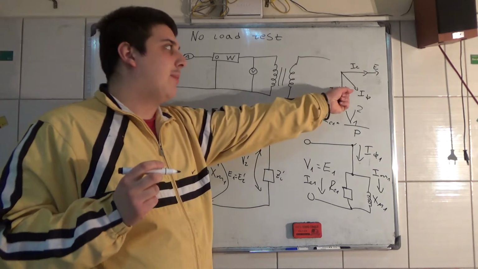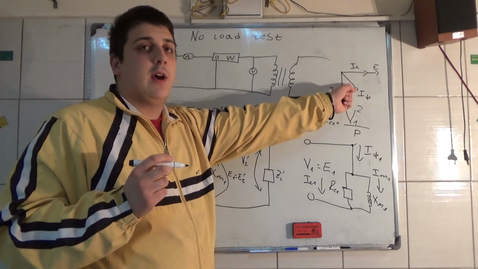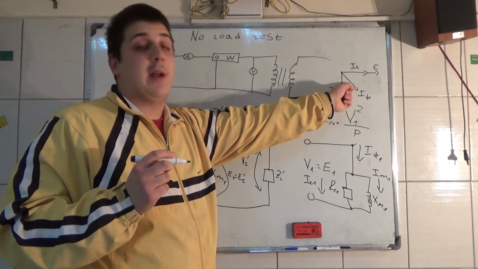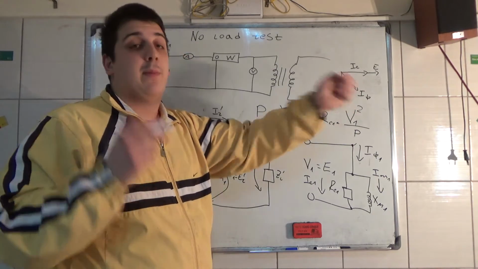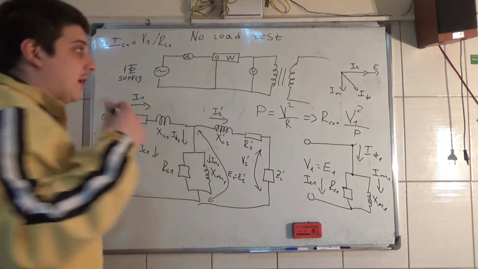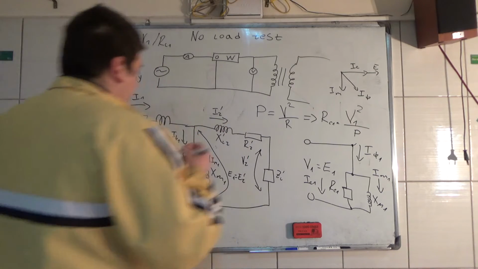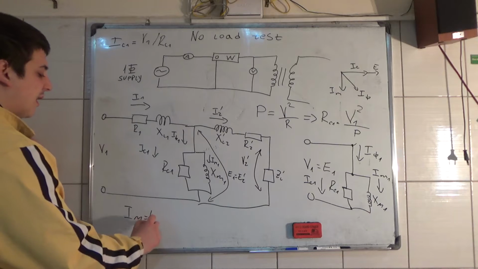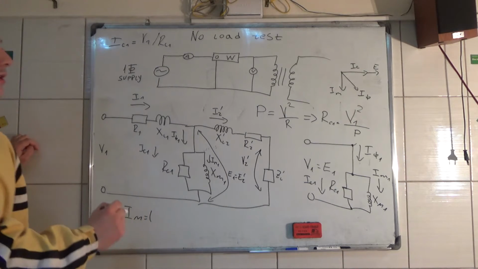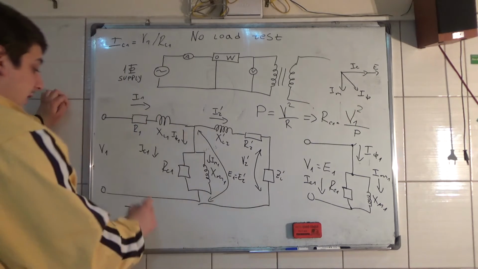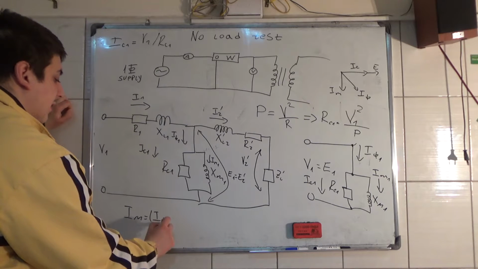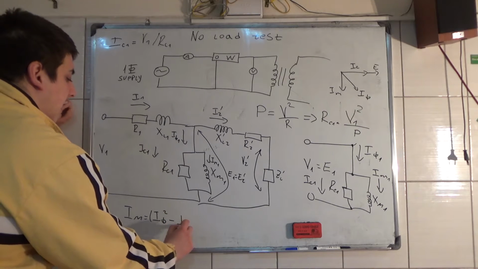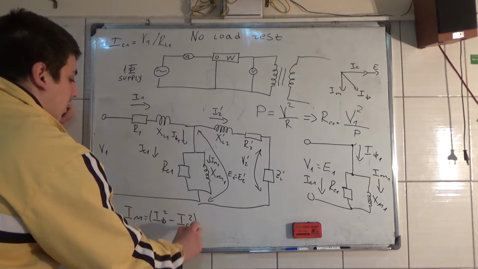Now, this is the hypotenuse of the Pythagoras triangle, and with the Pythagoras theorem, we get that IM is equal to the square root of the exciting current squared minus IC squared.